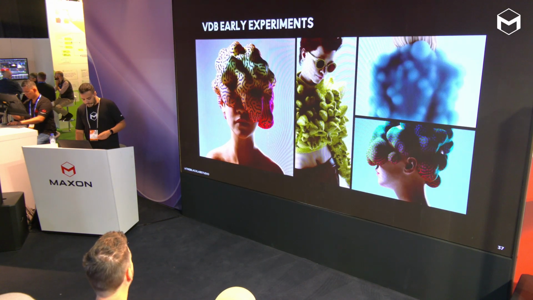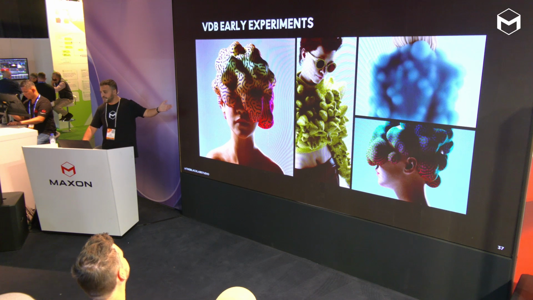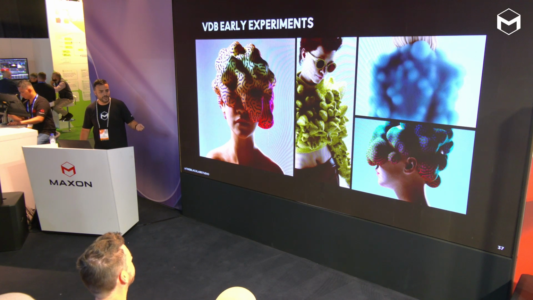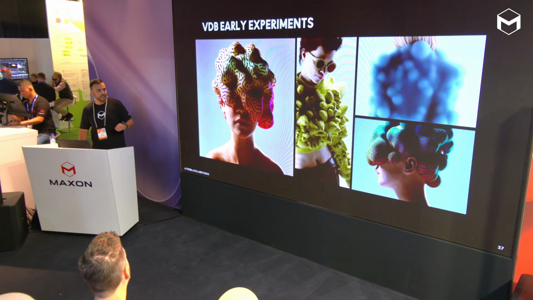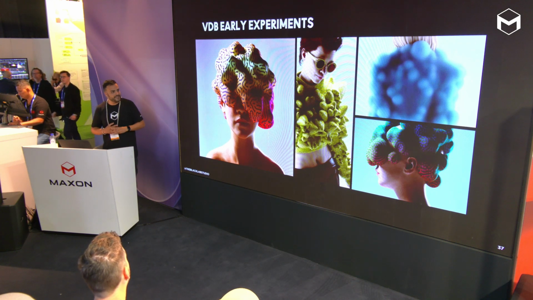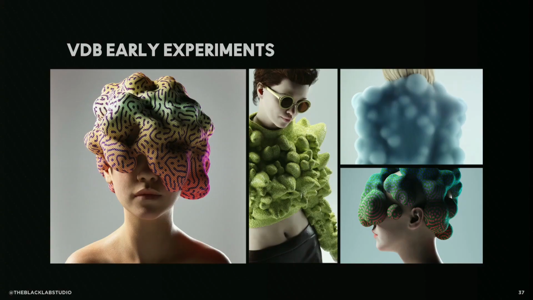For example, here, there were my first experiments with the VDB mesher. Do you know this tool? It works with voxels, so I can create very plastic and malleable shapes with all of those experiments.